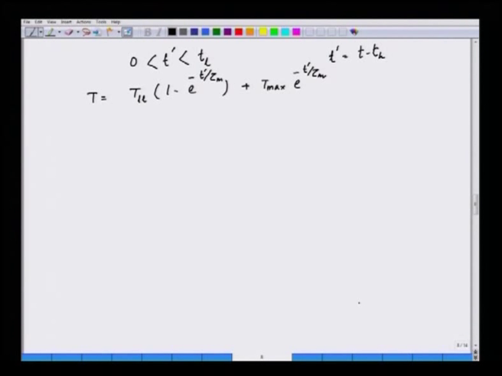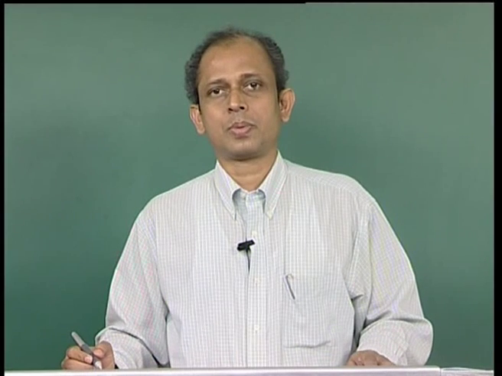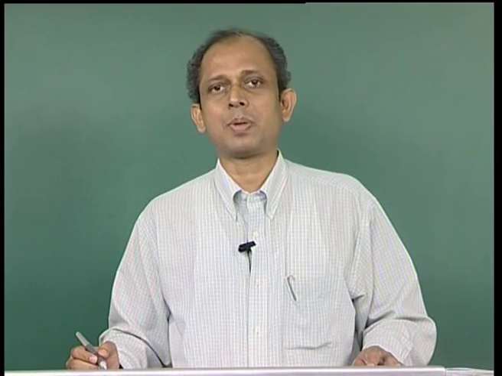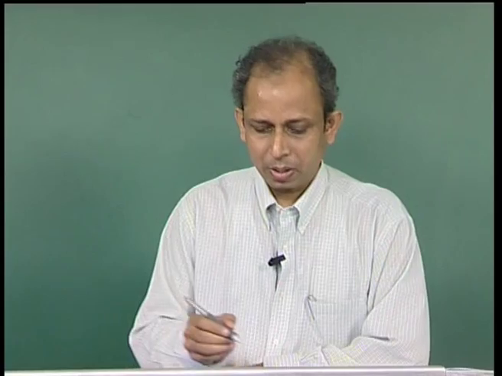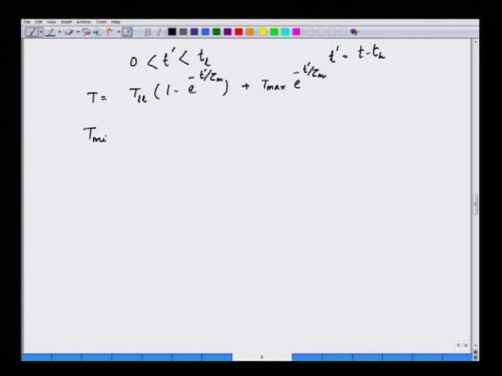From this also we can calculate the moment of inertia, because we know that T minimum happens when T prime is equal to TL. So, we can apply that condition here. So, we can say that T minimum is equal to TLL into 1 minus exponential minus TL by tau m plus T maximum exponential minus TL by tau m.